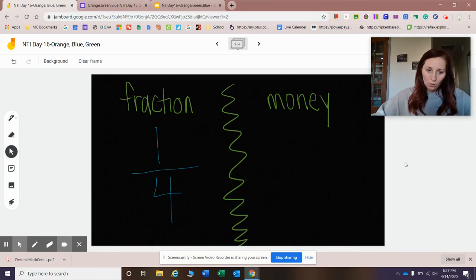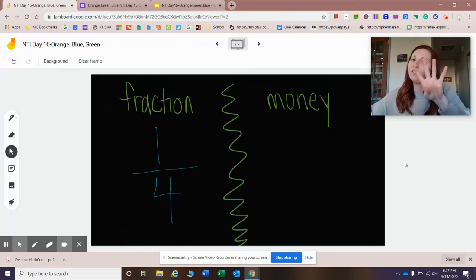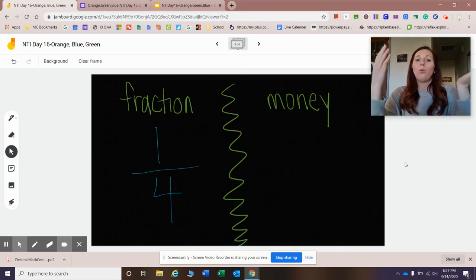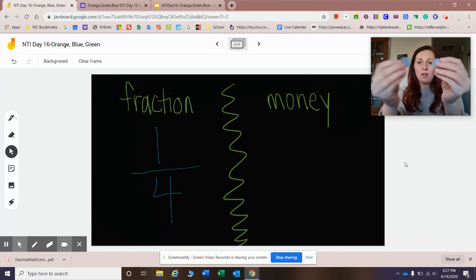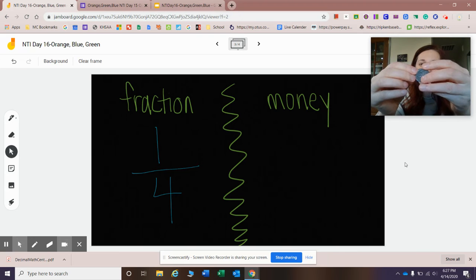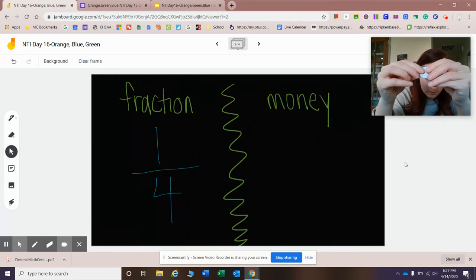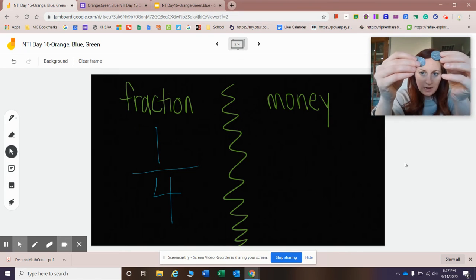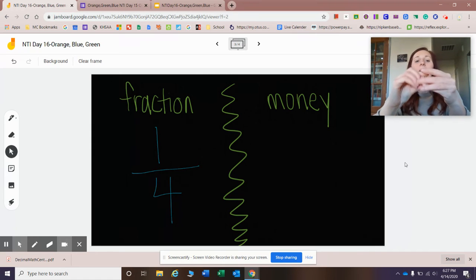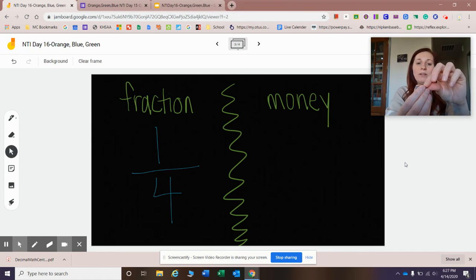If I have 1 and it takes 4 of something to make $1, what 4 of something does it take to make $1? You guys should be thinking a quarter. Okay, I have 4 quarters here. 1, 2, 3, and 4. Okay, and it says that I just have 1 of these.